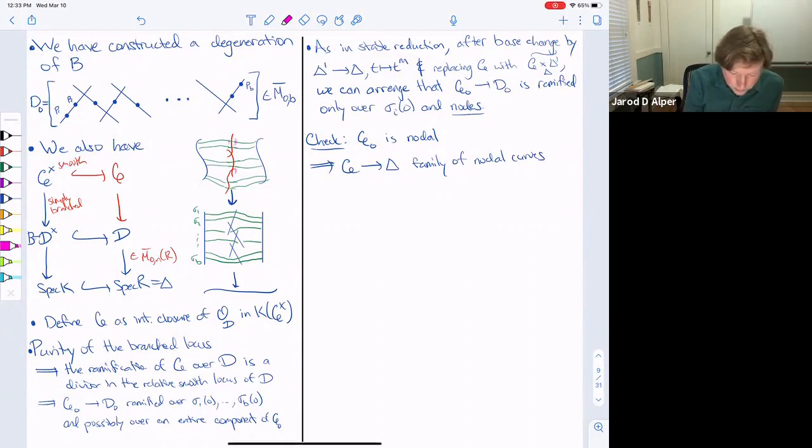Or you could also have it be branched along an entire component of the central fiber.